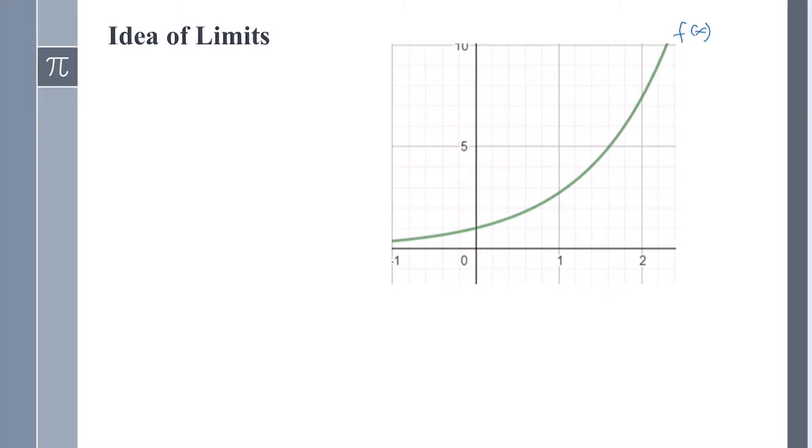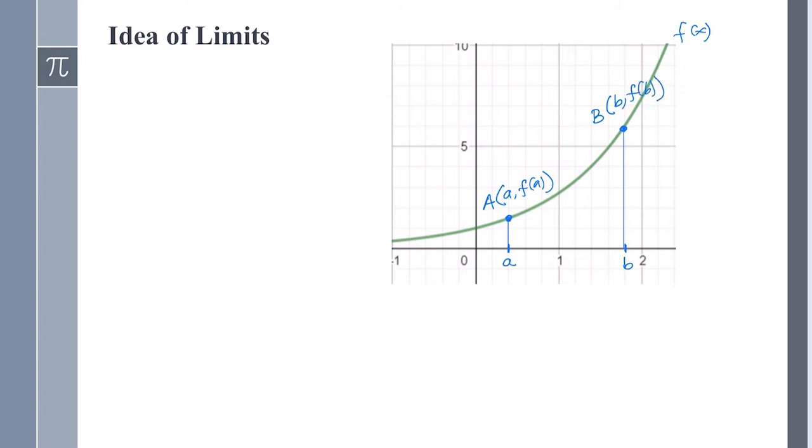And then let's say we have x equals a here. So, and then let's say this point here is a, whose coordinates are a comma f of a, and then let's say we have an x value b here, and then we have this point right here, which is b, and the coordinates are b comma f of b.